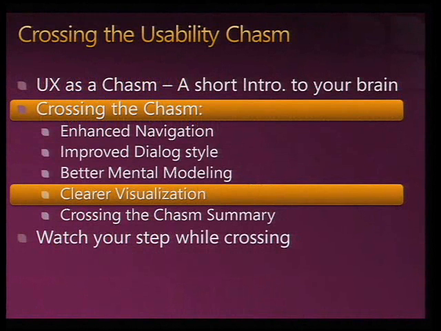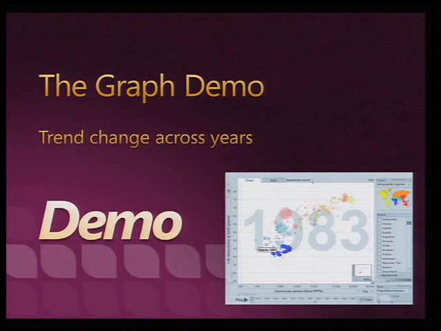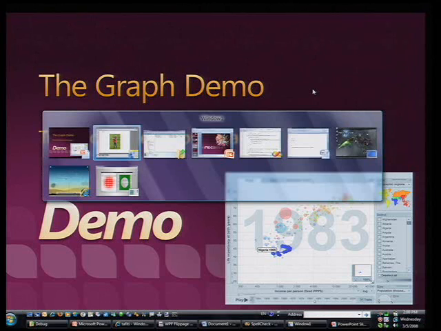Okay, so let's reach the last part of this second part of the presentation and speak about clearer visualization. Here we would like to show you an example that was developed in Flash, but it could have been developed in Silverlight as well, very easily, as we saw today in the keynote.